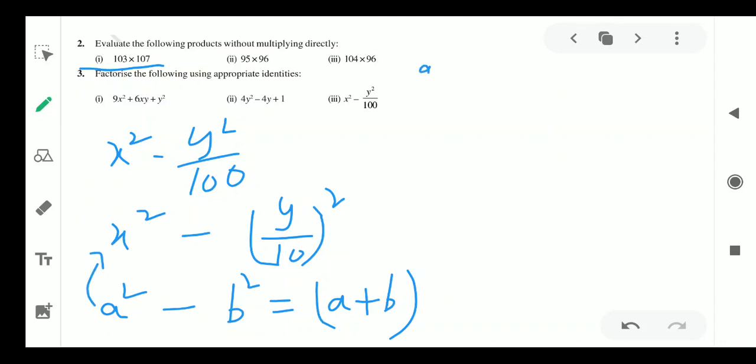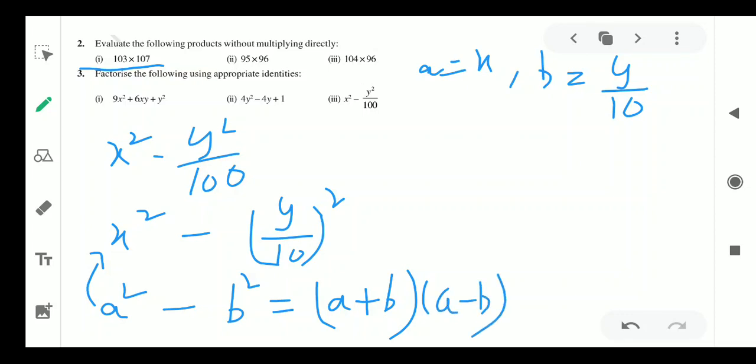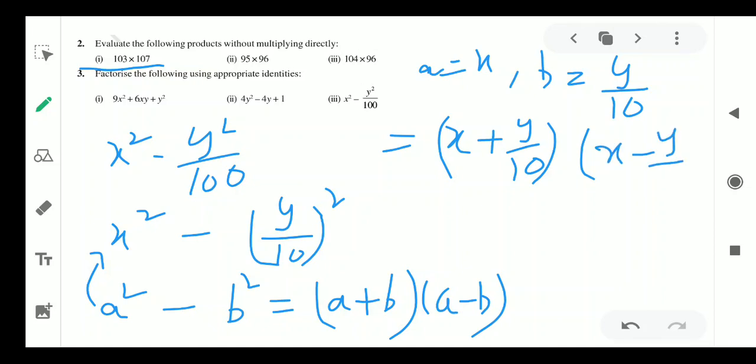Here a is equal to x, and b is y by 10. Now you have to substitute a plus b into a minus b in the formula. What is a? x. What is b? y by 10. So x plus y by 10 into x minus y by 10. Like this we will solve this type of problems.